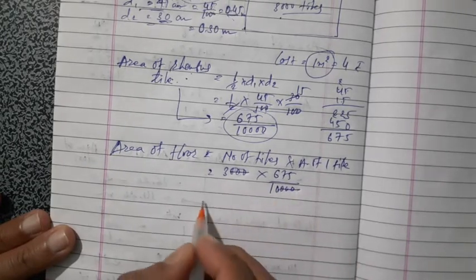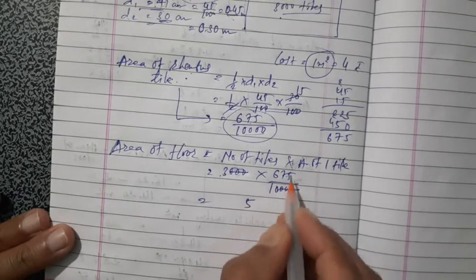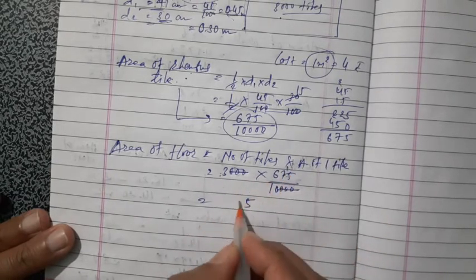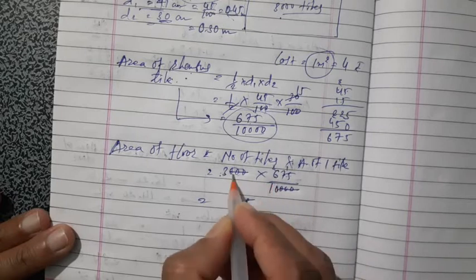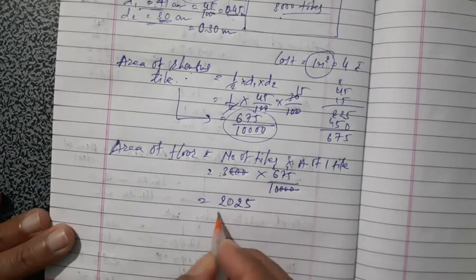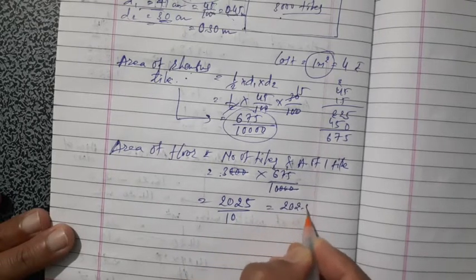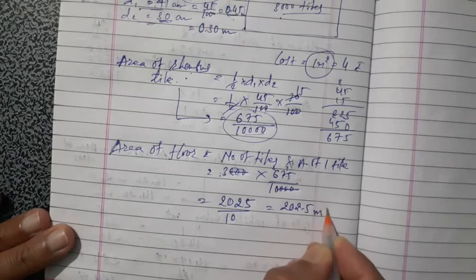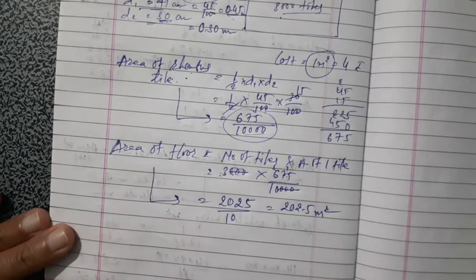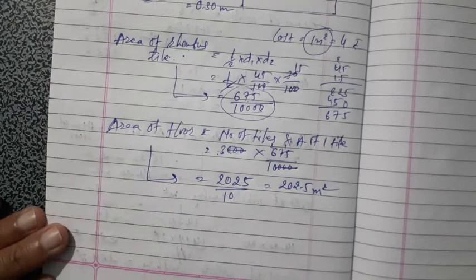Cutting zeros, multiply 675 with 3, which gives 2025, divided by 10, which means one decimal: 202.5 meter square. That is the area of the floor.